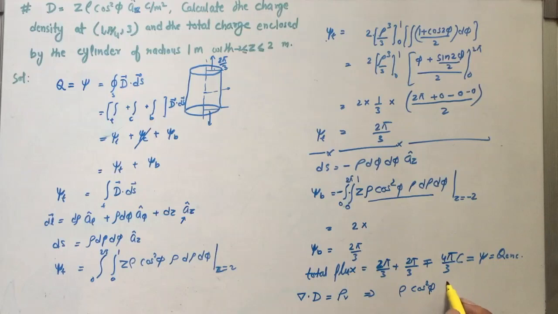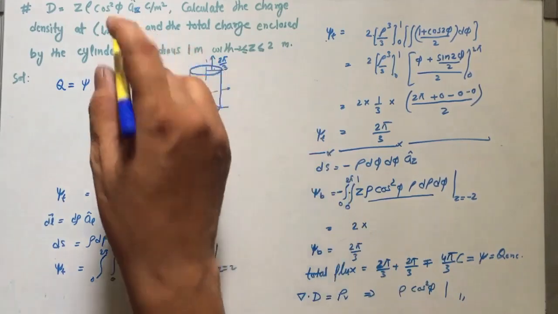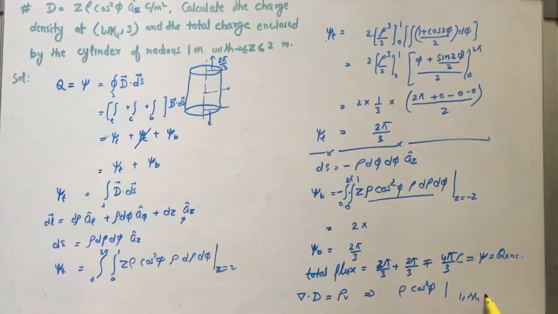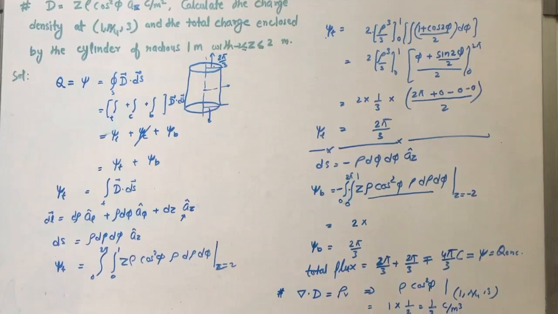If we put the values rho equal to 1 and phi equal to pi by 4, it will give us 1 into cos pi by 4, which is 1 by root 2, and 1 by root 2 square is equal to 1 by 2. There is no z, so the charge density will be half coulomb per meter cube. So this is the charge density. Let me make it more clear.